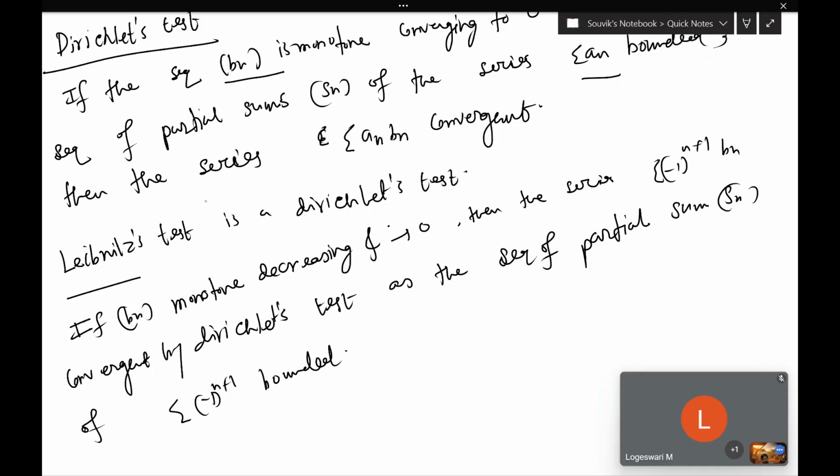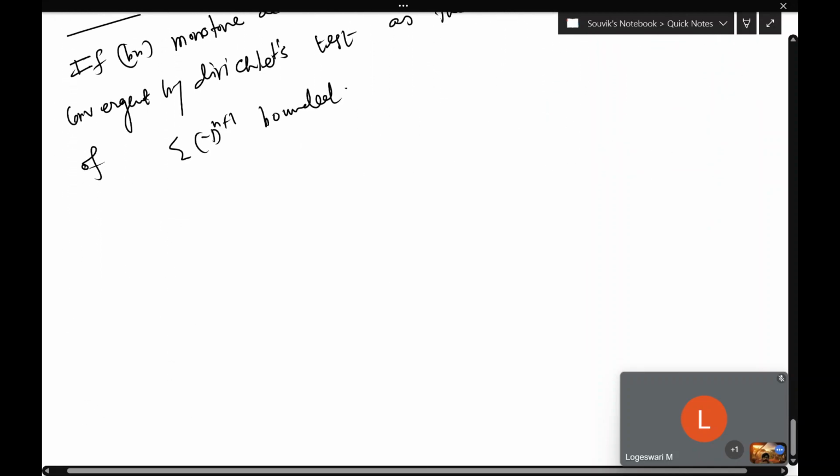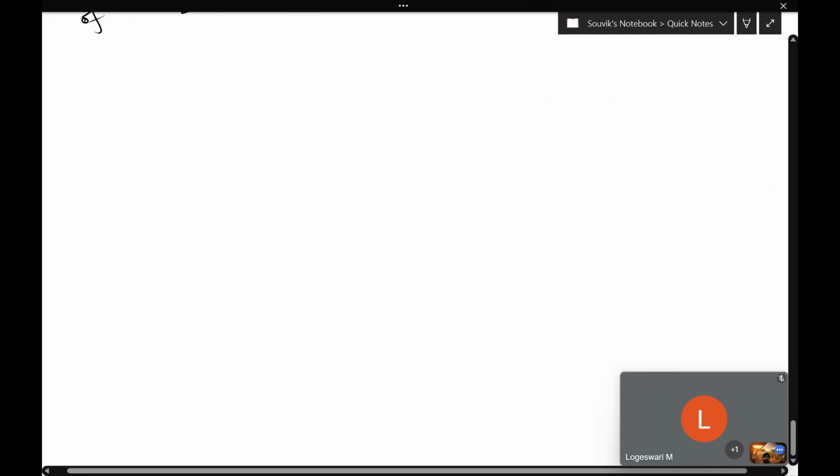Okay. So now, let's consider some examples. Examples of examining the convergence of series using Dirichlet's test.